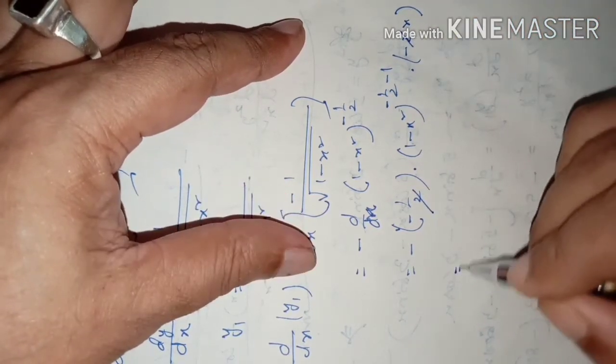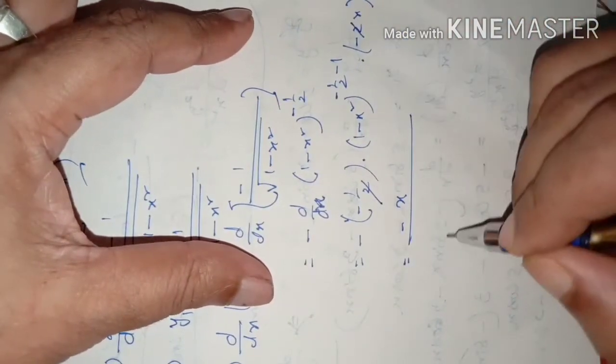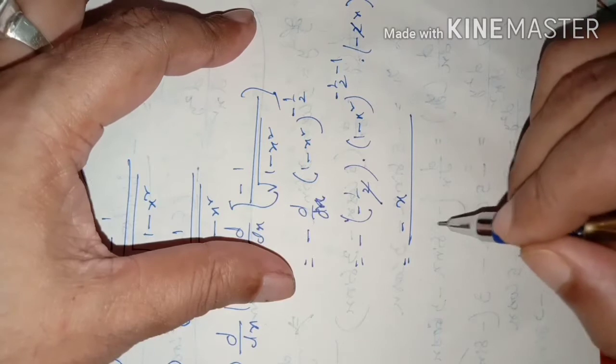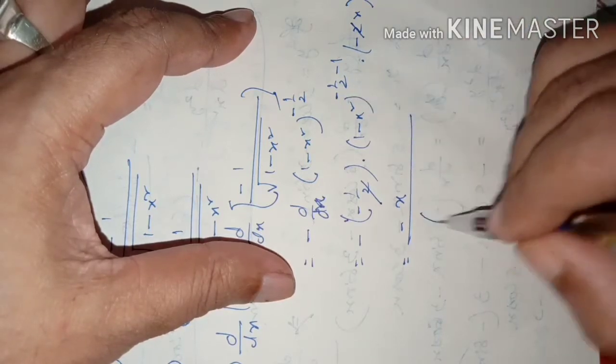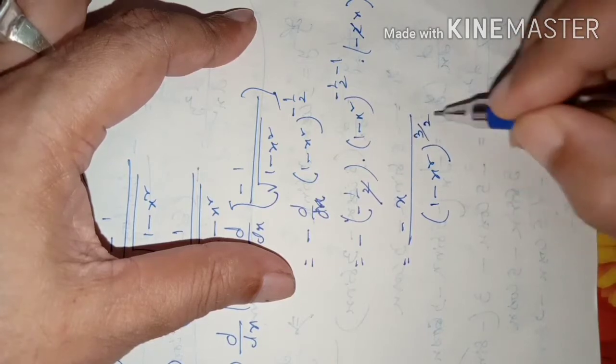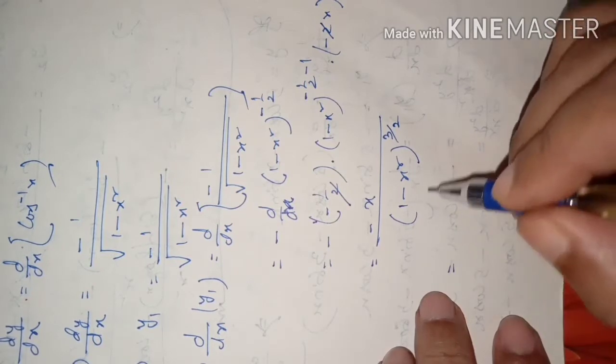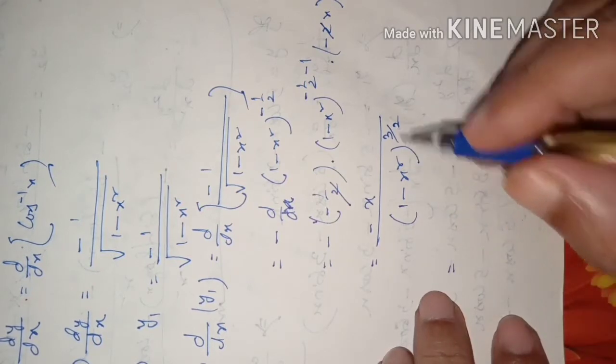So the result will be minus x divided by 1 minus x square to the power of 3 by 2, which can be written as under root of 1 minus x square whole cube.